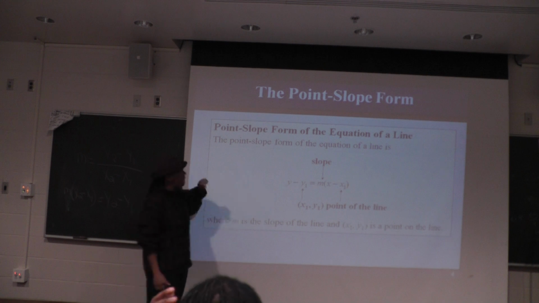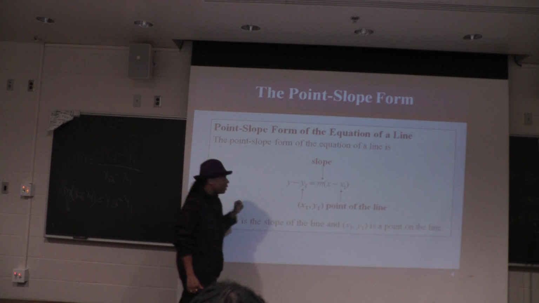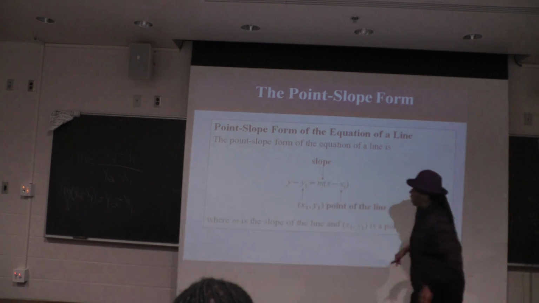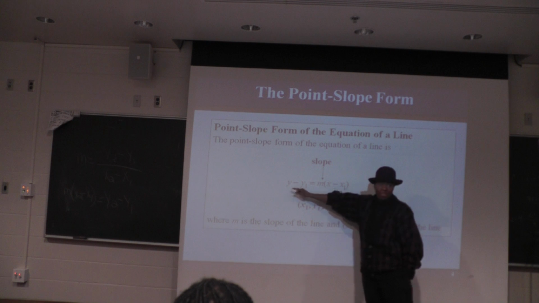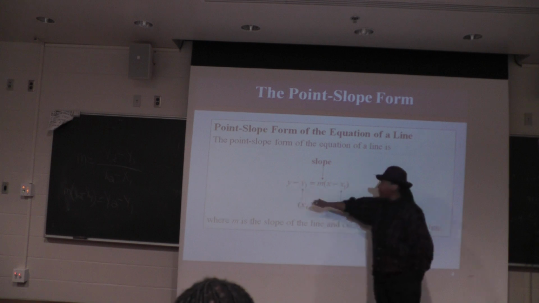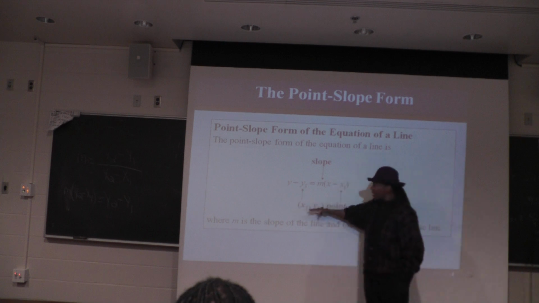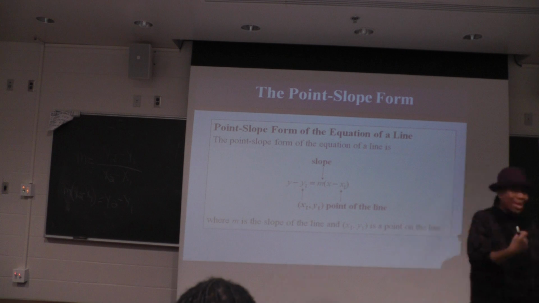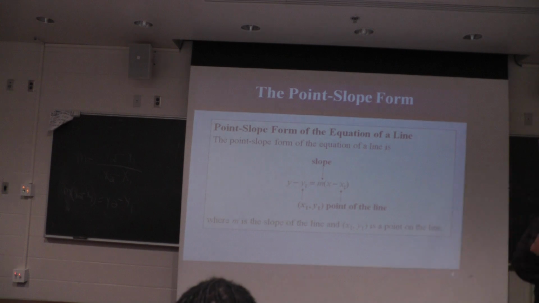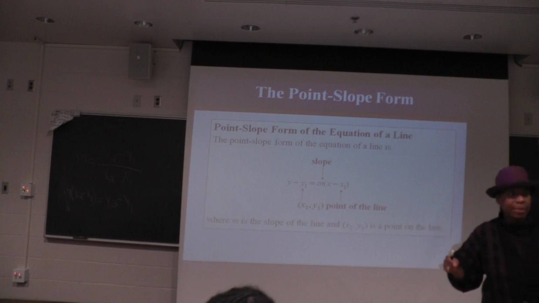So this is then the point slope form of an equation, where now in this one we don't have any subscripts, so you always just write it y, and this is always x. Now this is going to be a point. So if I give you a point and a slope, we can then find an equation of a line, okay?